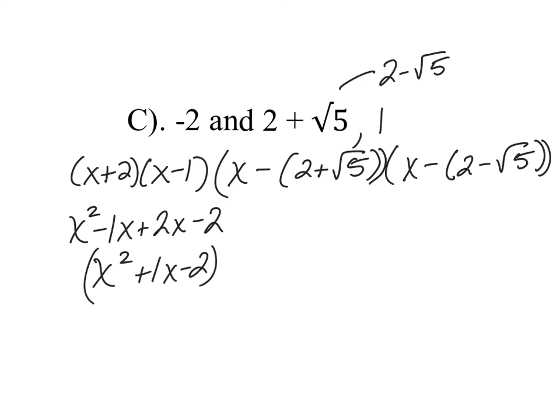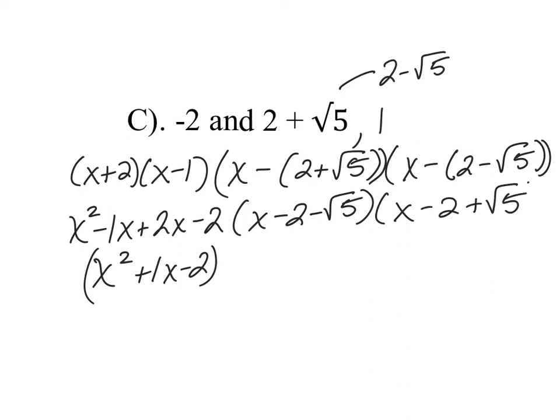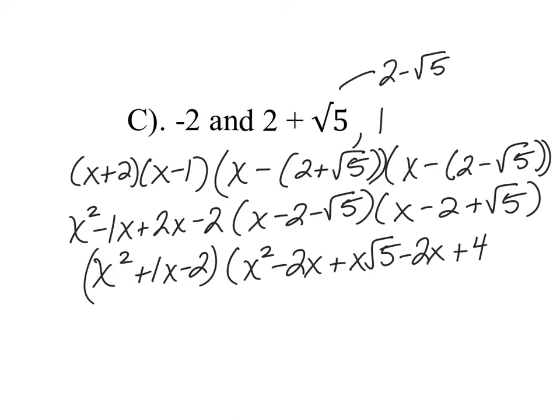And then we're going to go through and we need to expand out the one on the right. So I'd first rewrite it as x minus 2 minus the square root of 5, and then x minus 2 plus the square root of 5. And then what we're going to do is we're going to work through distributing. So we're going to have x squared minus 2x plus x square root of 5 minus 2x plus 4 minus 2 square root of 5.